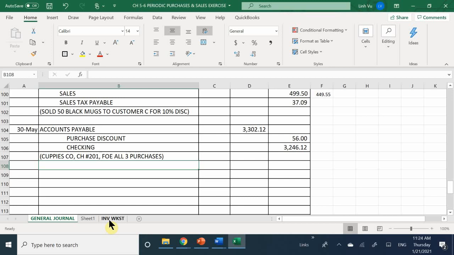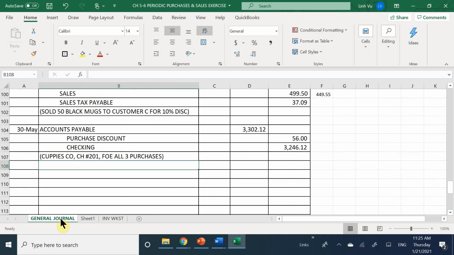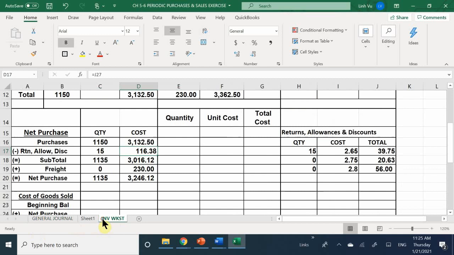Because I needed to include that purchase discount, it changed it by 56. So my subtotal of 3,016.12 plus the 230 is now 3,246.12, which matches how much you actually paid for the accounts payable, because you included the discount. All right, so make sure you have that.